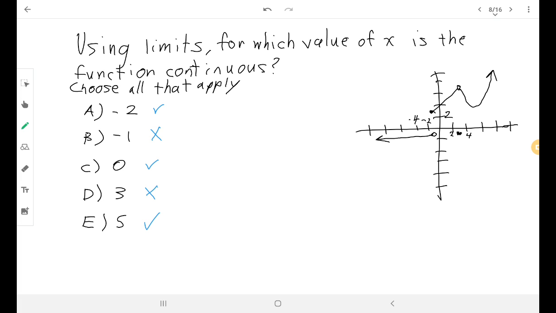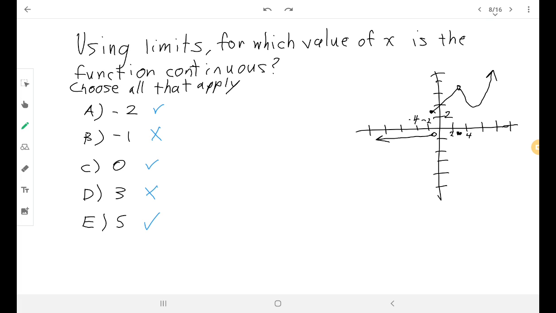Okay? So this one, D, is a little bit ambiguous. Since the limit exists, you might be tempted to say that it's continuous at that point. It's not continuous right at that point, but it is close because the limit exists, right?